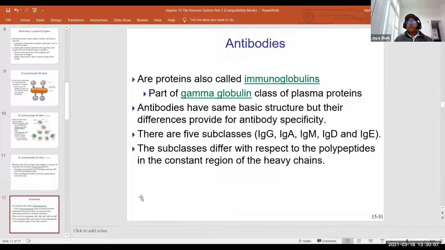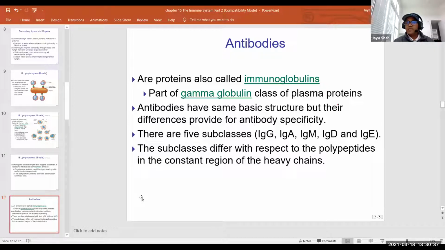Now let's see the molecular structure of the antibodies. Antibodies are produced by plasma cells, okay? And they are immunoglobulins. They are part of gamma globulin plasma proteins. And all antibodies have the same basic structure, but they have certain regions which are specific for a particular antigen. And that's why we call it antibody specificity.